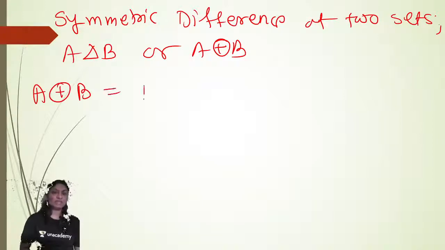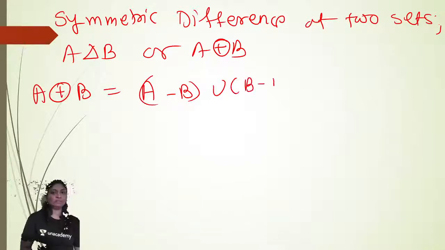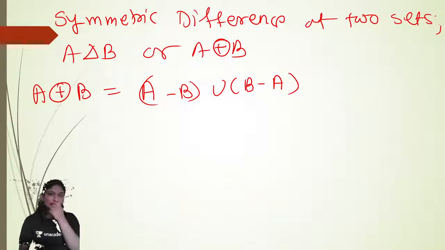A ring sum B is the same as A minus B union B minus A. Okay, the elements which are in A but not in B union the elements which are in B but not in A.